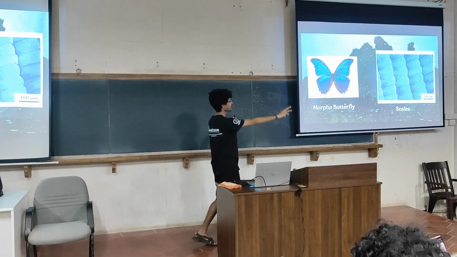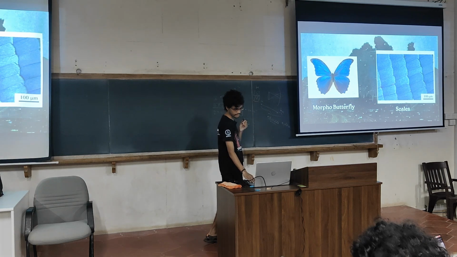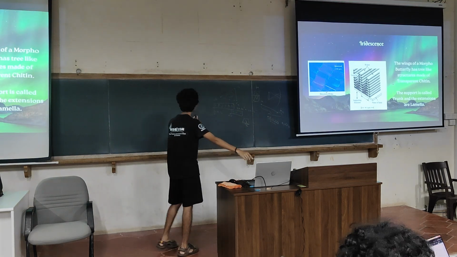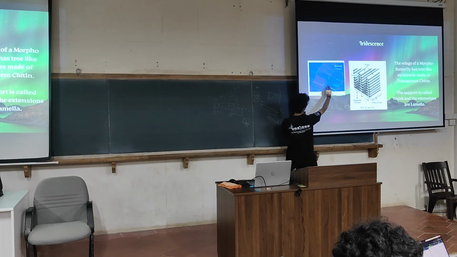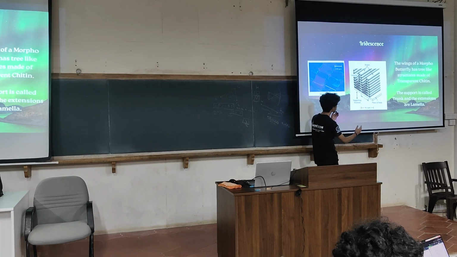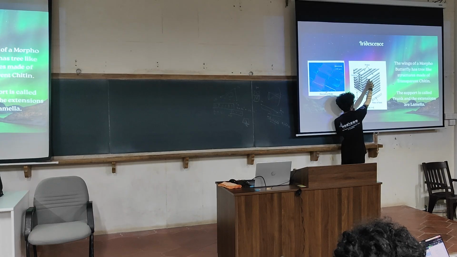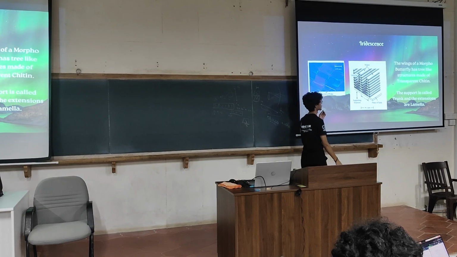So you zoom in, and then there's like a bunch of scales like this. You zoom in even further, then each scale has ridges running along this direction, and each ridge itself has transparent extensions made of chitin, which have a different refractive index compared to air.